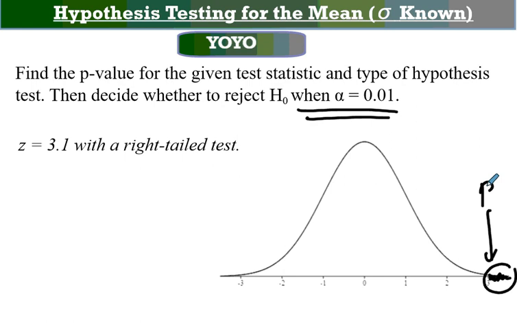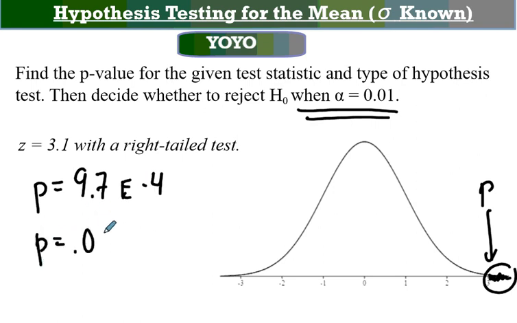Okay, welcome back. You should have found that your p-value was, in the calculator it tells you it's 9.7 e to the -4, which really means, that's scientific notation, it's 0.0009.